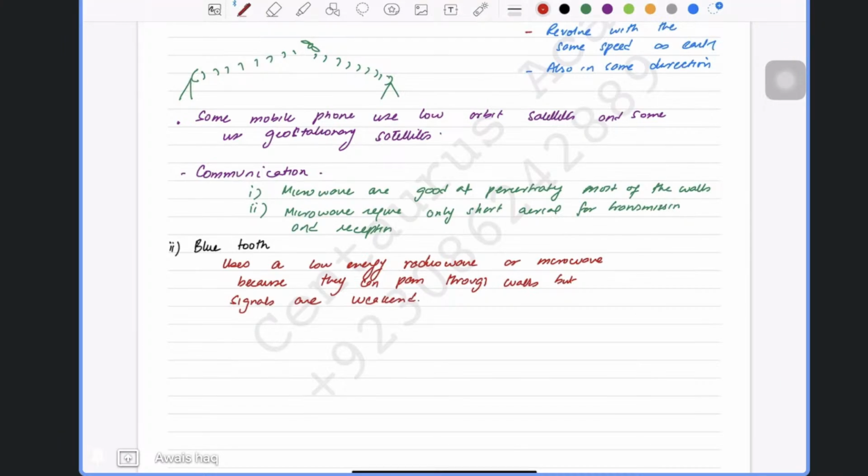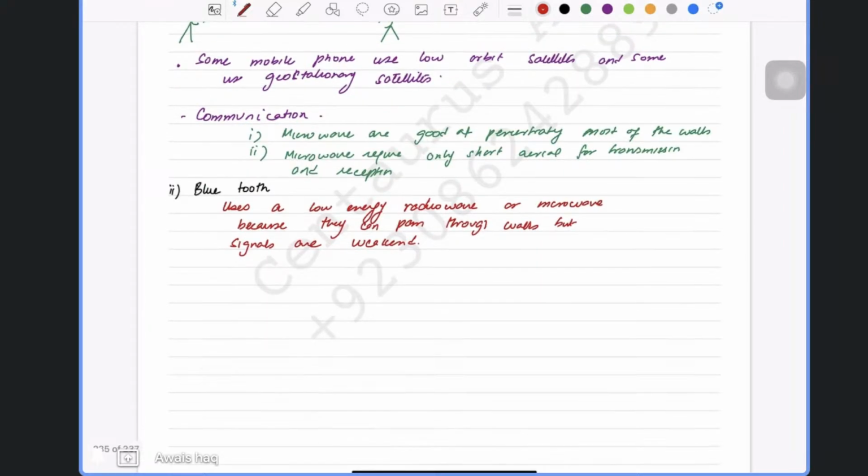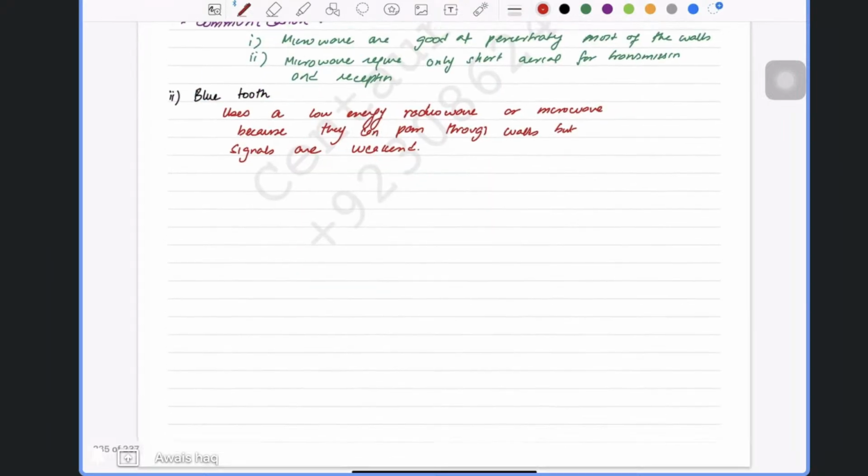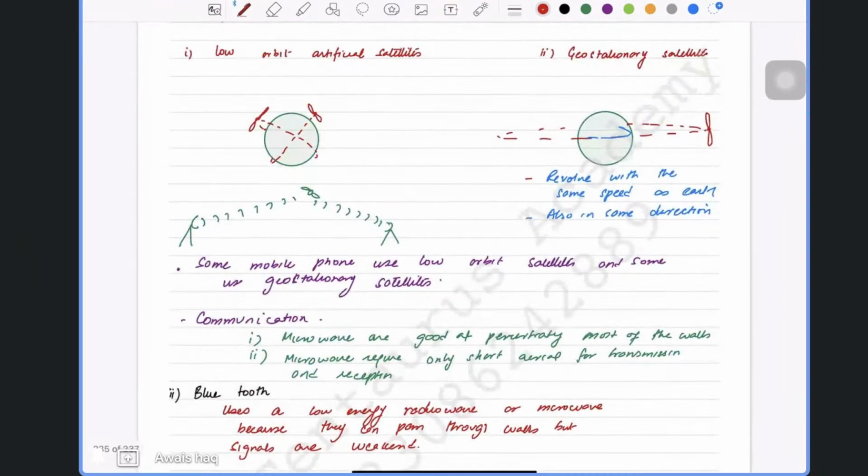If you go away, it's not very effective, and that is the reason Bluetooth is used within the same room, at a short distance. You can write this down. Let me know if you have any questions.